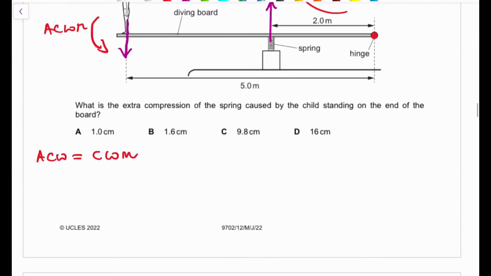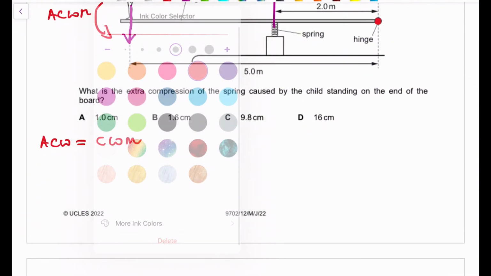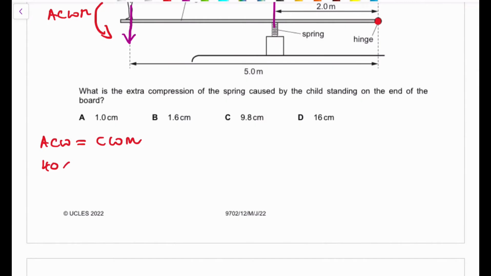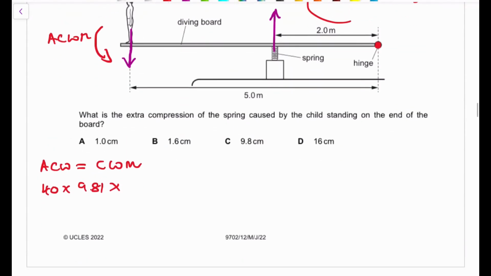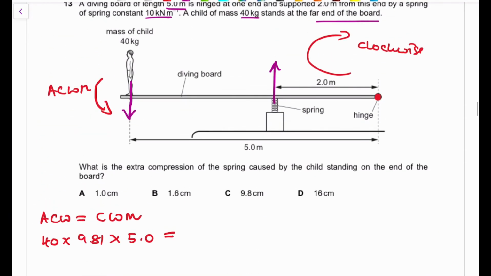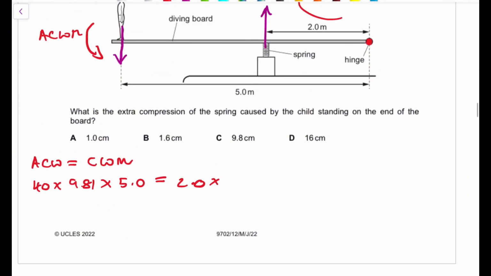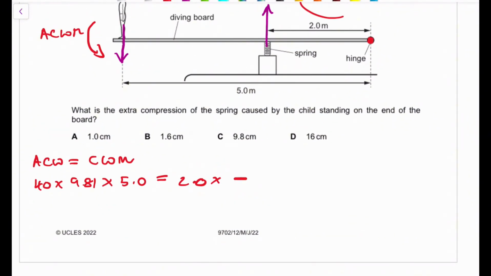My anti-clockwise moment is 40 multiplied by 9.81 multiplied by the distance. What's the distance, guys? It's 5.0. That should be equal to my clockwise moment, which is 2.0 multiplied by my force on the spring, which I don't have and need to find.